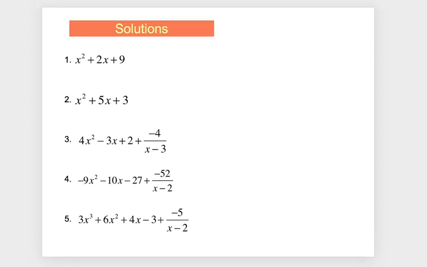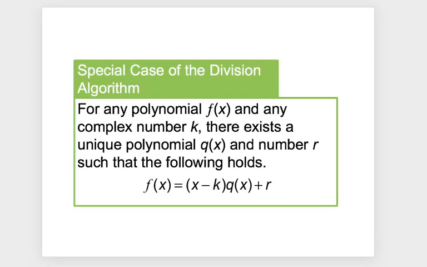So moving along. Basically what we did on Tuesday was we divided a polynomial by a binomial, and the coefficient of the variable x was typically 1. We're going to continue looking at that. But if we look here at this special case, a function of x, in this case, is a polynomial.